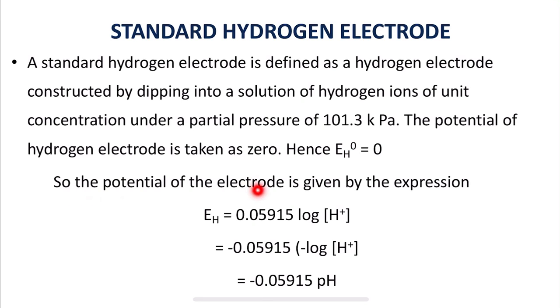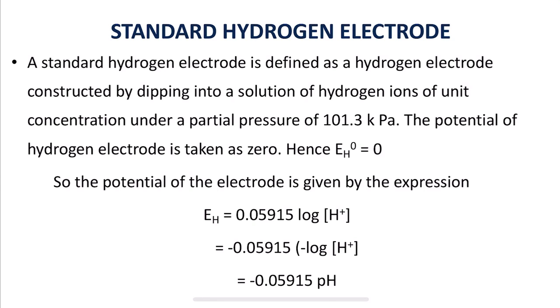So the potential of the electrode is given by the expression E_H is equal to 0.05915 log the concentration of H+. On taking negative signs on both sides, so minus 0.05915 into minus log the concentration of H+, and on simplification it gives the value of minus 0.05915 pH.